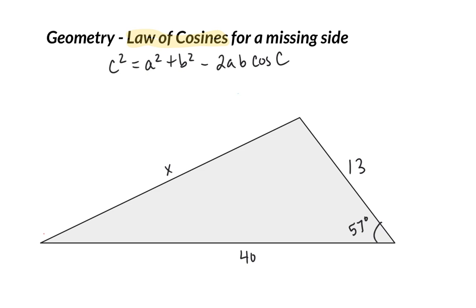Okay, so once again, you'll see we've got this situation where we notice two sides and the angle between, but we can't establish a relationship for law of sines. So we go to law of cosines. So our missing side, this is going to be our c, so we've got x squared equals, and we do the other two sides. It does not matter what order you put them in.